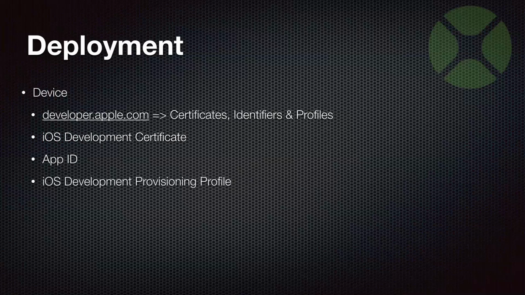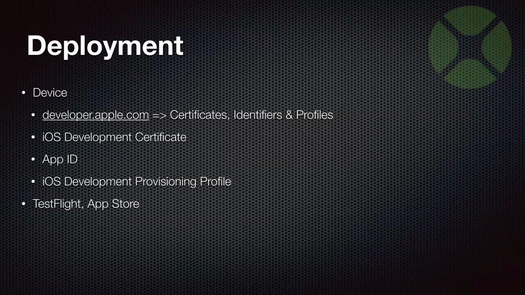And then you need to create a provisioning profile, which is kind of a combination of the certificate and the ID. And that needs to actually also end up being installed on the device, in addition to your Mac. So with all those things in place, you are able to do a build that is code signed for your devices.